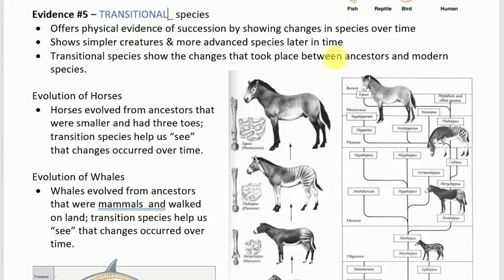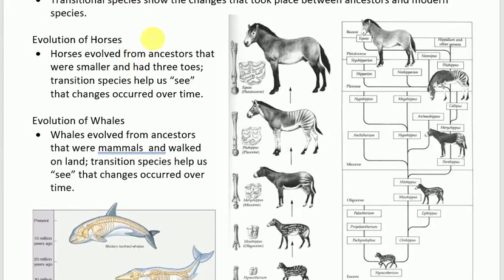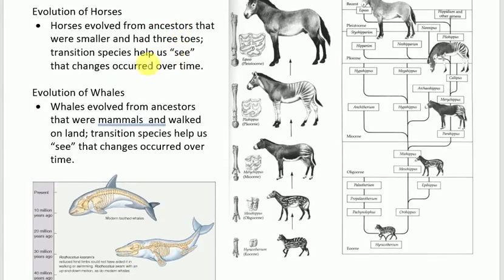And you can see how those transitional species change, they show the change that took place from ancestors to modern species. So for instance, the evolution of horses, they evolved from ancestors that were much smaller and had 3 toes. And the transition species can help you see the changes that actually occurred over time, where they've gone from those 3 toes, those small creatures, to a single toe.